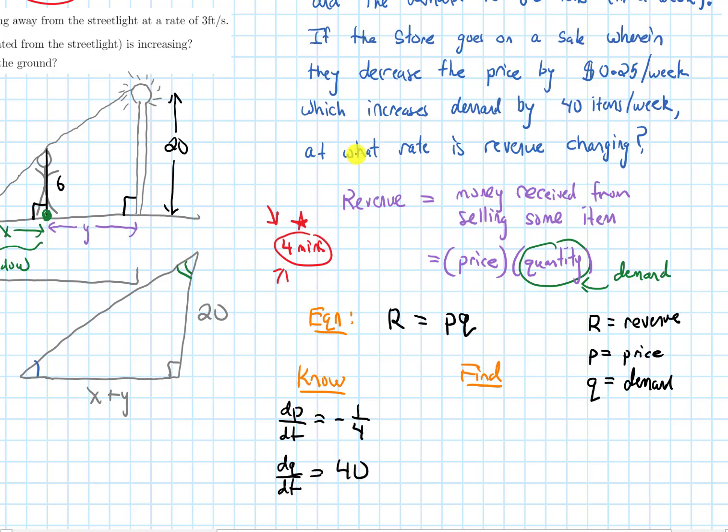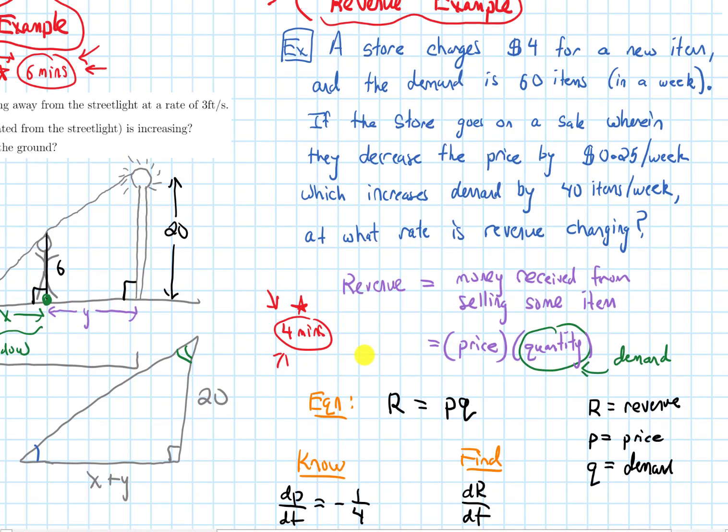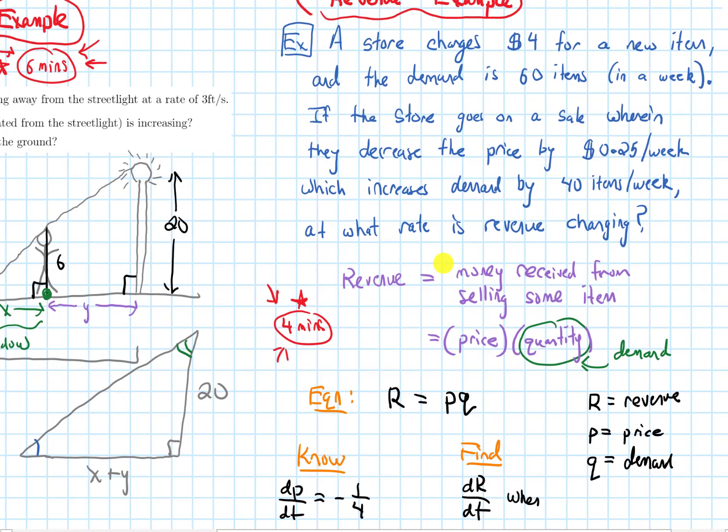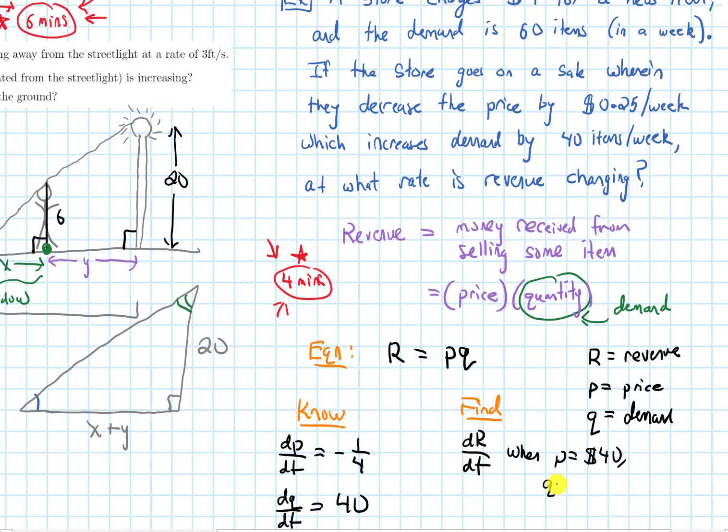And I want to find the rate at which the revenue is changing. I want to find dR/dt, specifically at this instant, when the price is $4 and demand is 60.